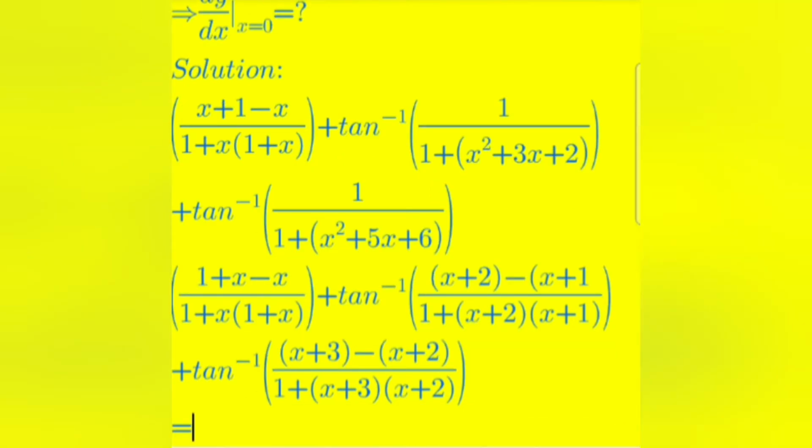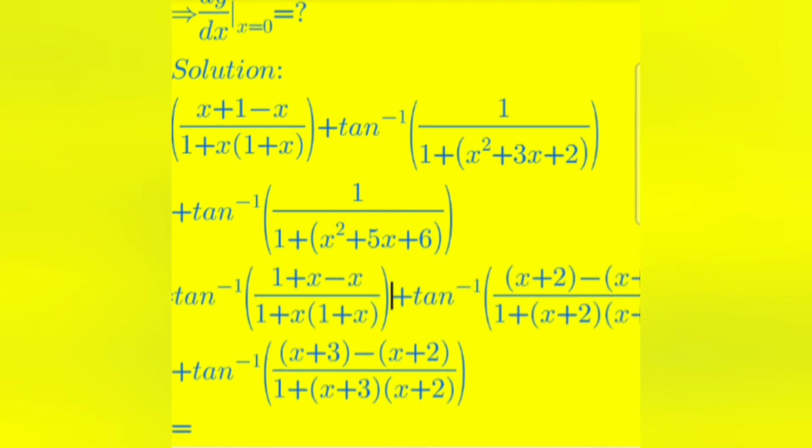Now for the first part of this derivative, tan inverse of 1 plus x minus x over 1 plus x into 1 plus x can be written as tan inverse of 1 plus x minus tan inverse of x.